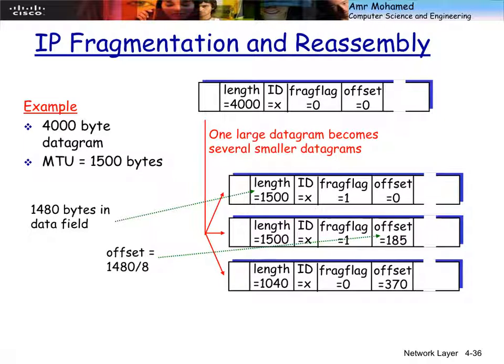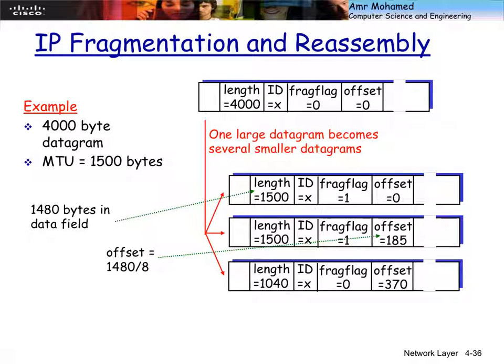And it's not ordered by 0, 1, 2, no. It's actually a pointer to where this fragment is in the original packet. So the first packet will always start from 0, which means that this fragment is the first fragment, and it starts from location 0. Then the second fragment is in the location 185.